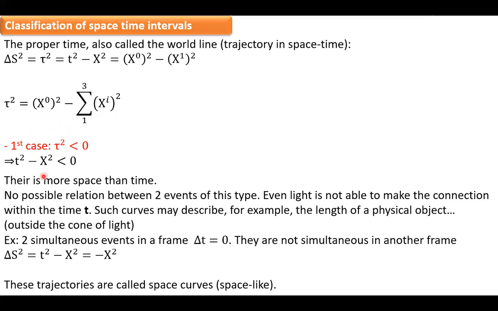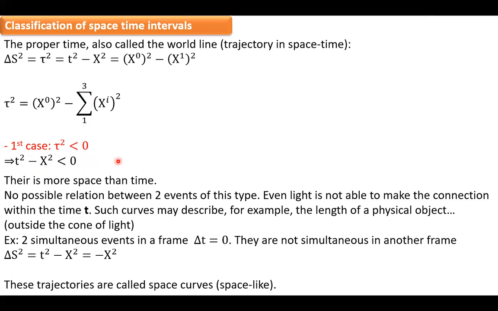So t squared minus x squared is negative. So x squared is bigger than t squared, and the equation is negative. It means that you have more space than time, more x than t.